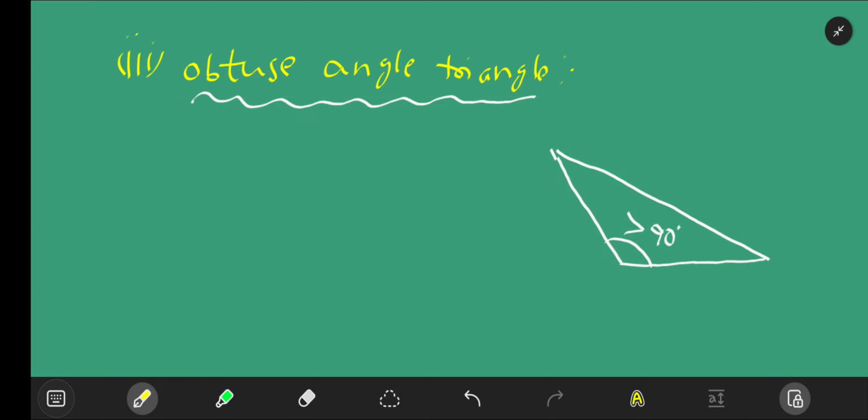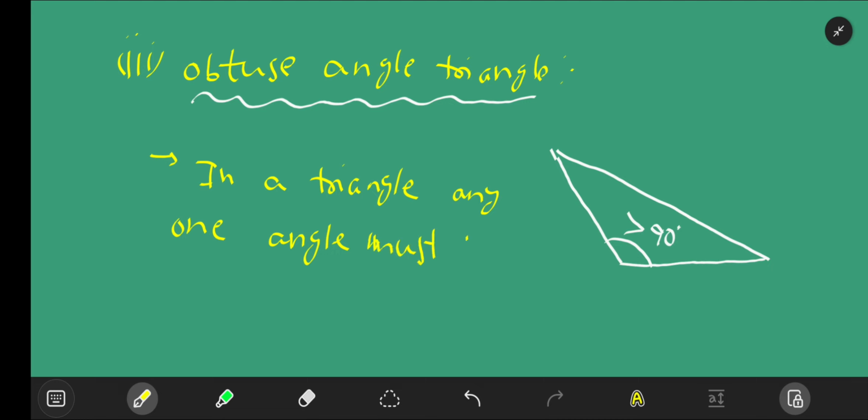The statement is: in a triangle, any one angle must be greater than 90 degrees.